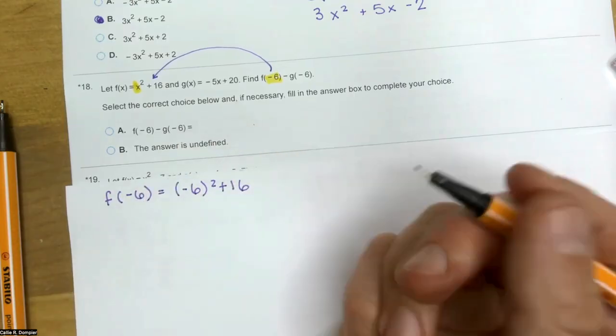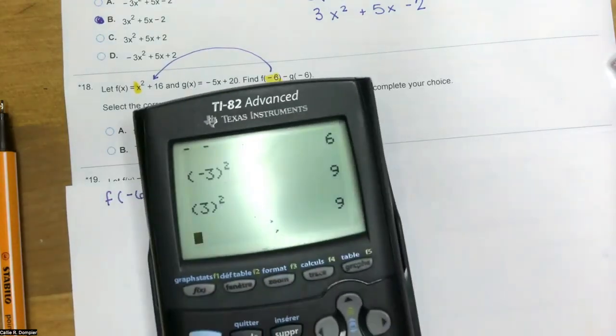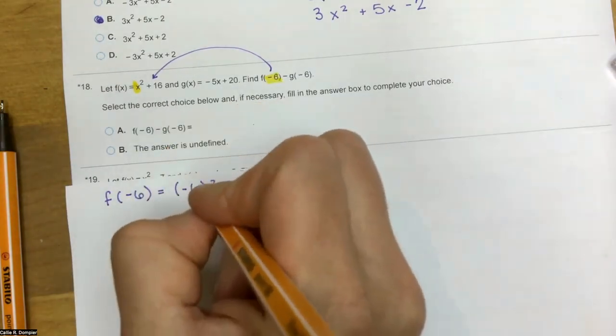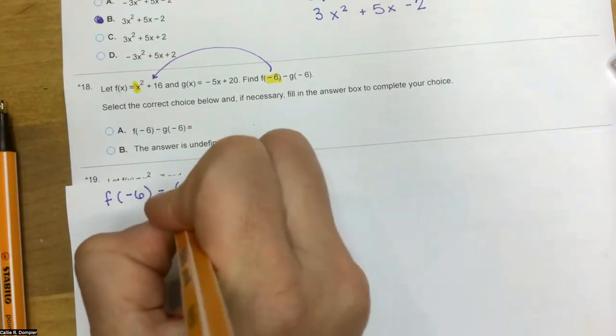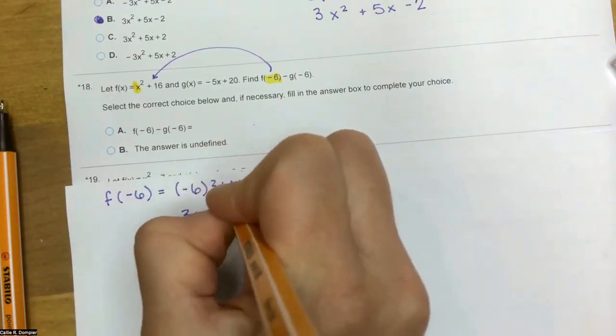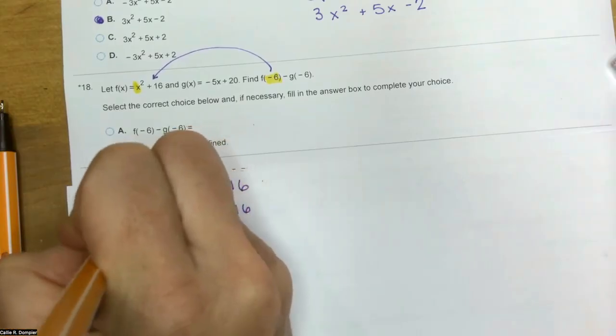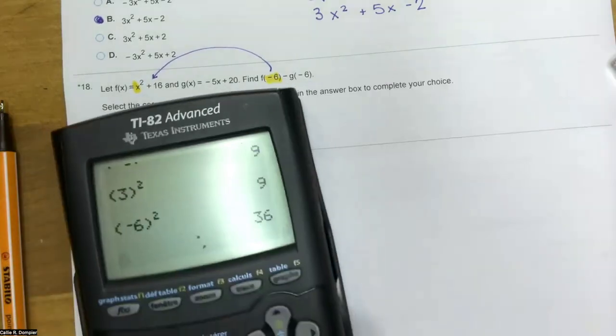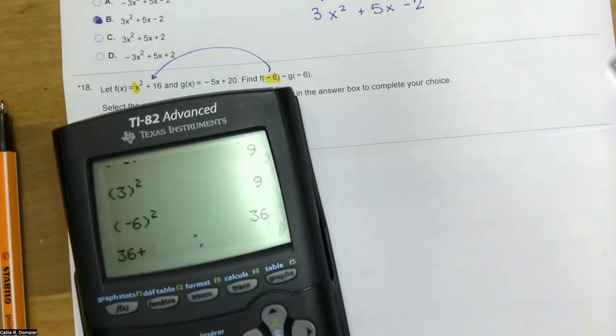Good. What's negative 6 squared? 36. So f of negative 6 is 36 plus 16, which is 52.